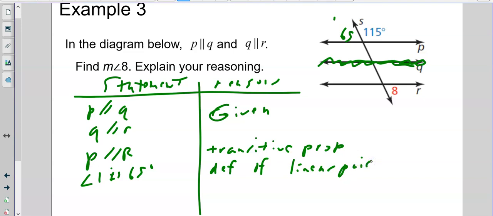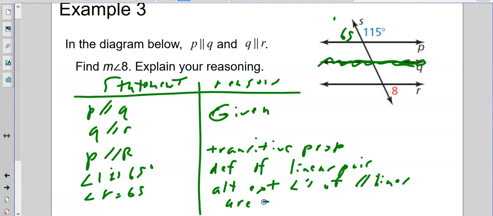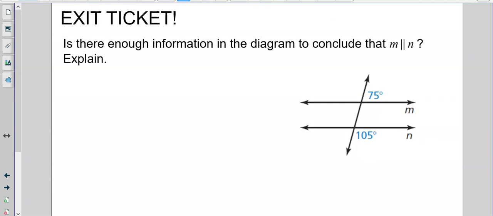And now that we got rid of Q, angle 8 is 65 degrees. Why? Alternate exterior angles of parallel lines are congruent. And there's your exit ticket on your own.